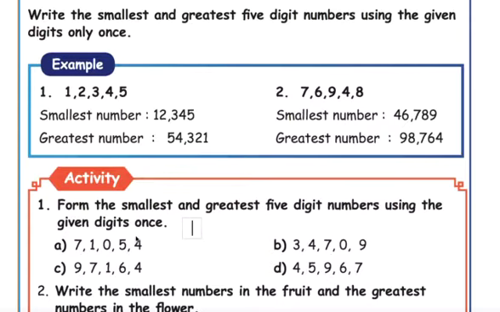When you put 0 at the beginning, it becomes a 4 digit number instead of 5 digit number. So that is the reason why I am choosing 1 rather than 0. After 0 there is 1, right? And the second place you have to put 0. That is the key. That is the logic. Otherwise, then 4, 5, 7, this is the least number.